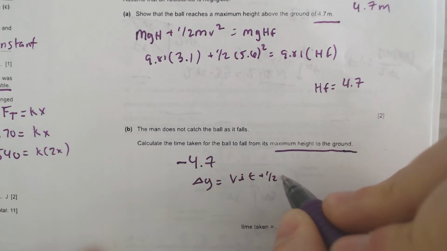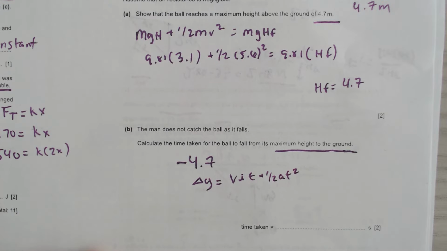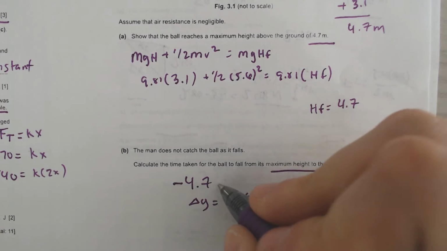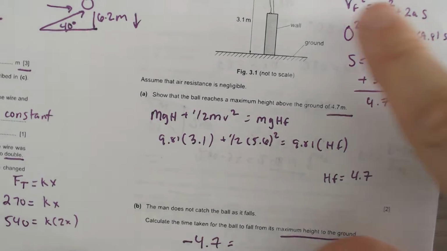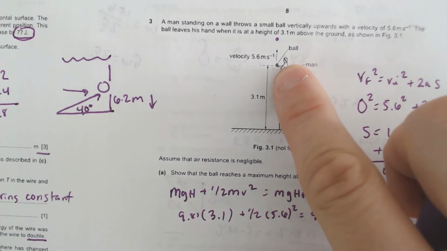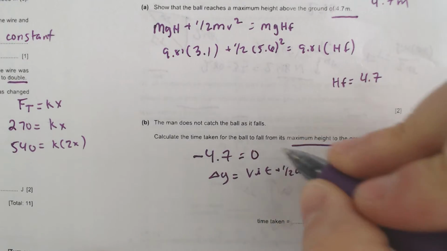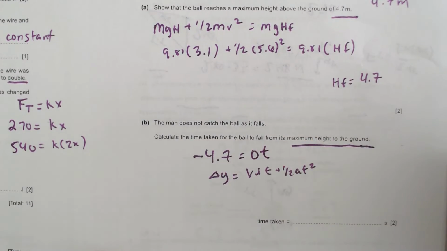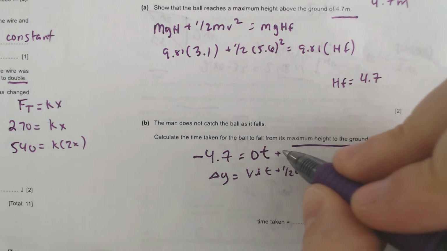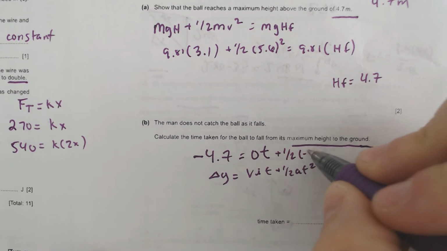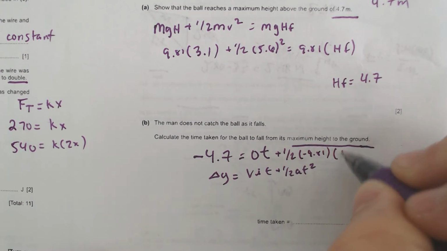v_i t plus 1/2 a t squared. You get that formula, but they're going to use s and u and different variables. The initial speed is not 5.6 because it is at the max height. At that time, it has 0 speed. You can still plug in the t, but it's going to end up equaling 0, plus 1/2 negative 9.81 times t squared.